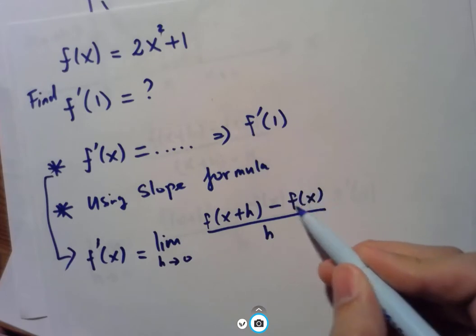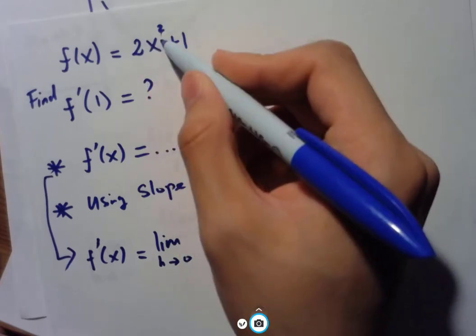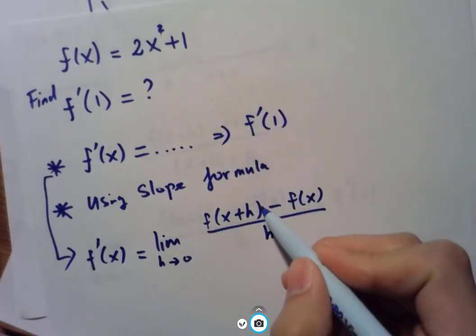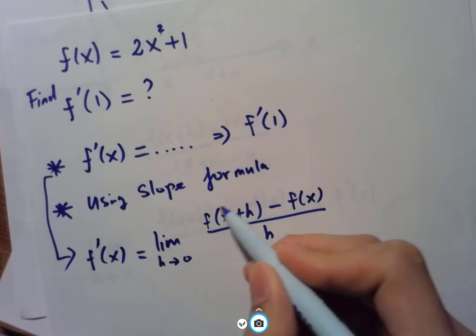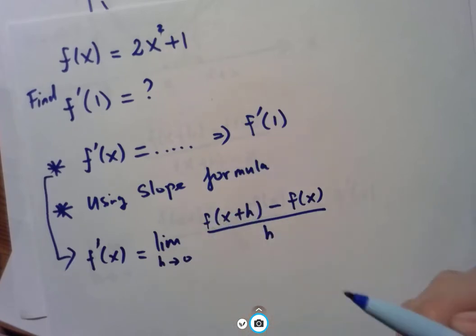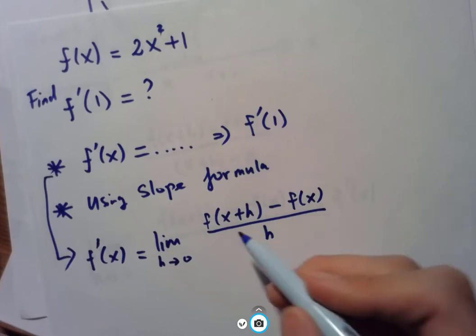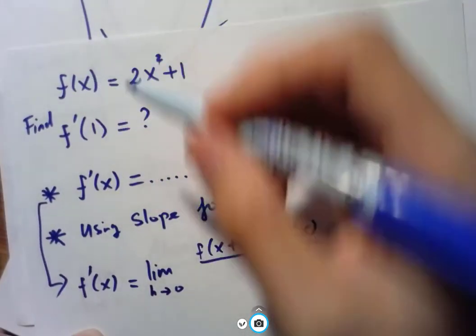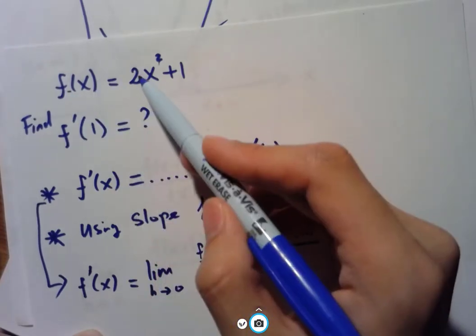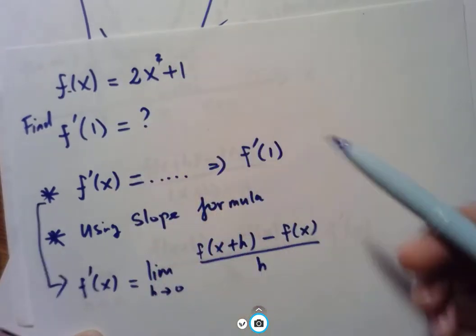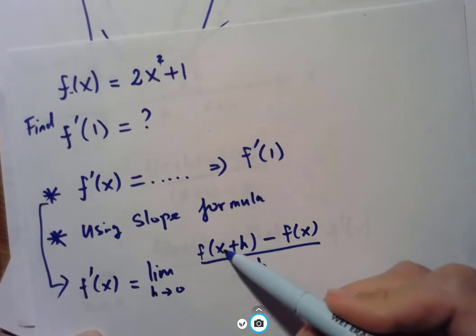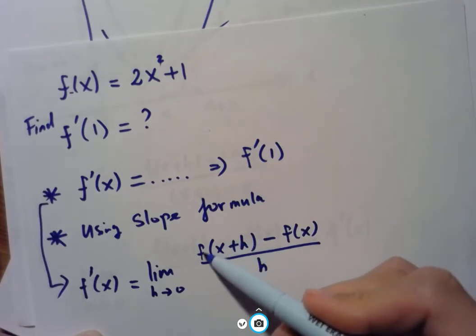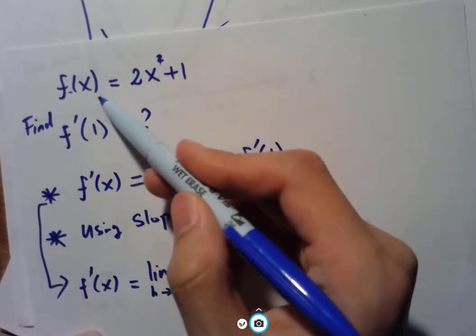So f of x here is 2x squared plus 1, but we did not have the value of f of x plus h. So let's try to find f of x plus h. So remember, this is f of x. f of x is 2x squared plus 1. Now f of x plus h is the composite function of this function right here.